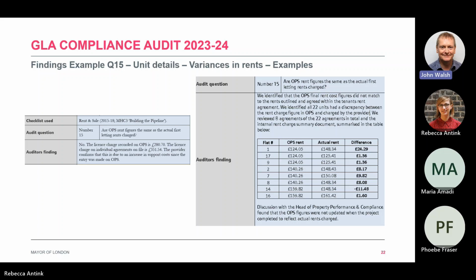Having said that this is really clear and well presented, it would also be better if the auditor had an additional column on the right hand side to show the percentage variance between the ops rent and the actual rent.